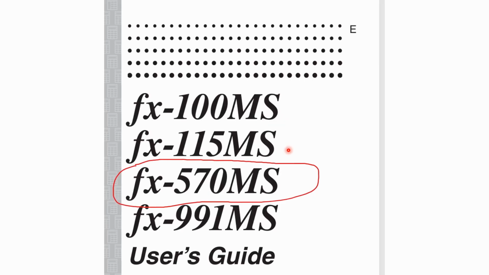Not all calculators do it. Now we showed the FX 570MS, which I believe was a calculator that we had in that picture where, on the one viral problem, they got the answer of 1 instead of 9.